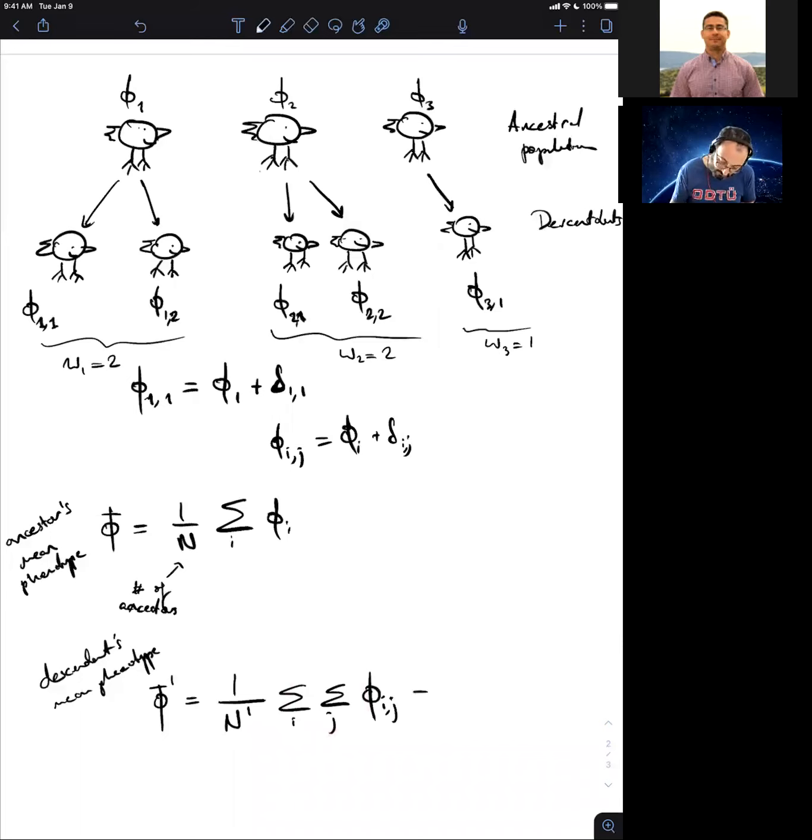And the total number of descendants you can write down as the total fitness, the sum of the W's. So in fact, you can write this as 1 over the sum over i of Wi, times the sum over i and j of phi ij.